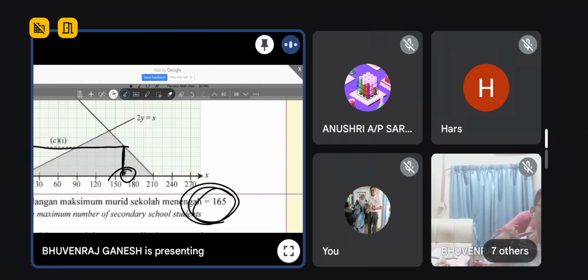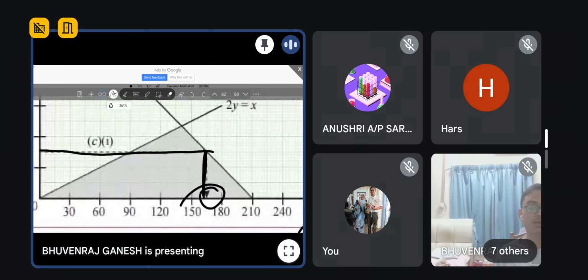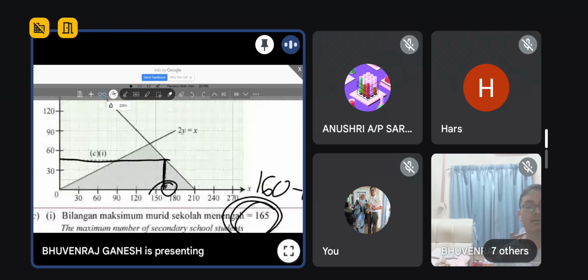This value not fixed, guys. Nilai ni tak tetap, they will have range in the real exam. Maybe the answer they can accept from 160 to 170. Any nilai you put within that range is still correct. So this is not the only answer. Other answer also can. Jawapan lain pun boleh diterima based on your graph. Mereka akan lihat graph kamu.